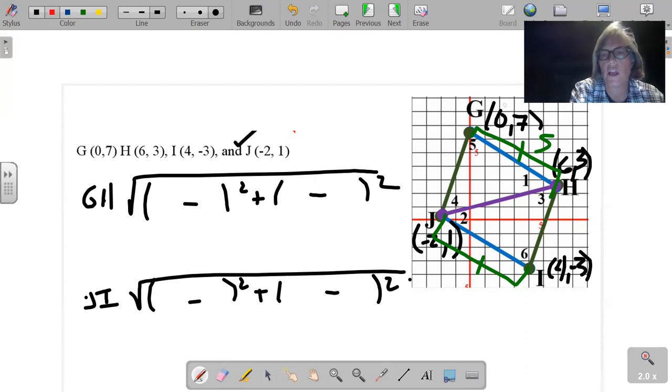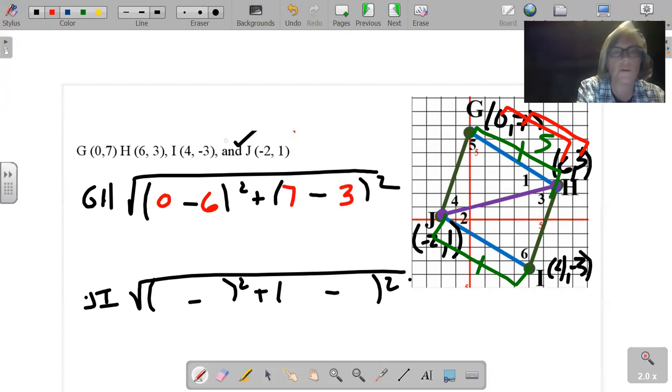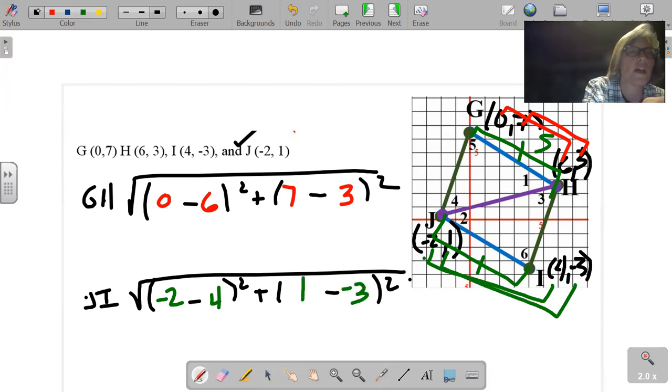So for GH, I'm going to do 0 and 6. Notice how I'm physically touching the numbers and doing a direction: 7 and 3. Down here, I am doing negative 2 and 4 and 1 and negative 3. Going to do the math.